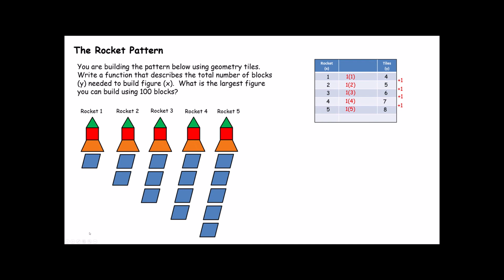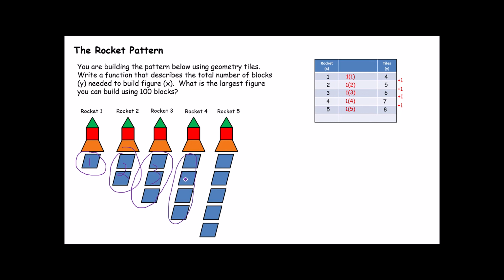And in fact, we could look over here, and if we were trying to figure out where this plus 1 is coming from, you ought to be able to look at this and realize, well, rocket 1 has 1 plume of smoke. Rocket 2 has 1 plus 1. Rocket 3 has 3 1s.